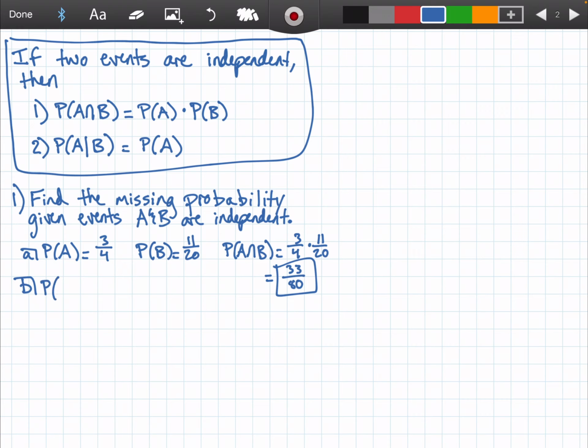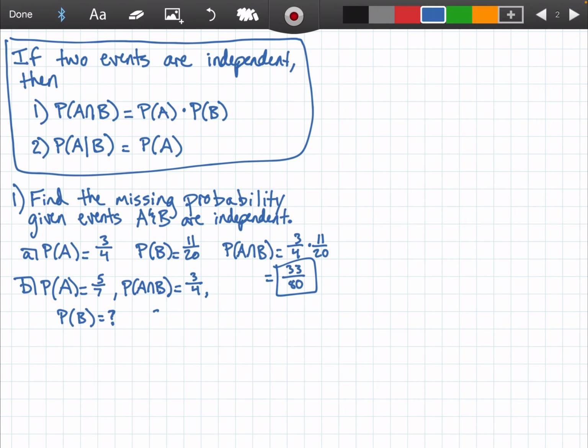Let's say we have the probability of event A is 5/7. The probability of A and B is 3/4, and we want to find the probability of event B. I can set up an equation going back to my first equation in the box.